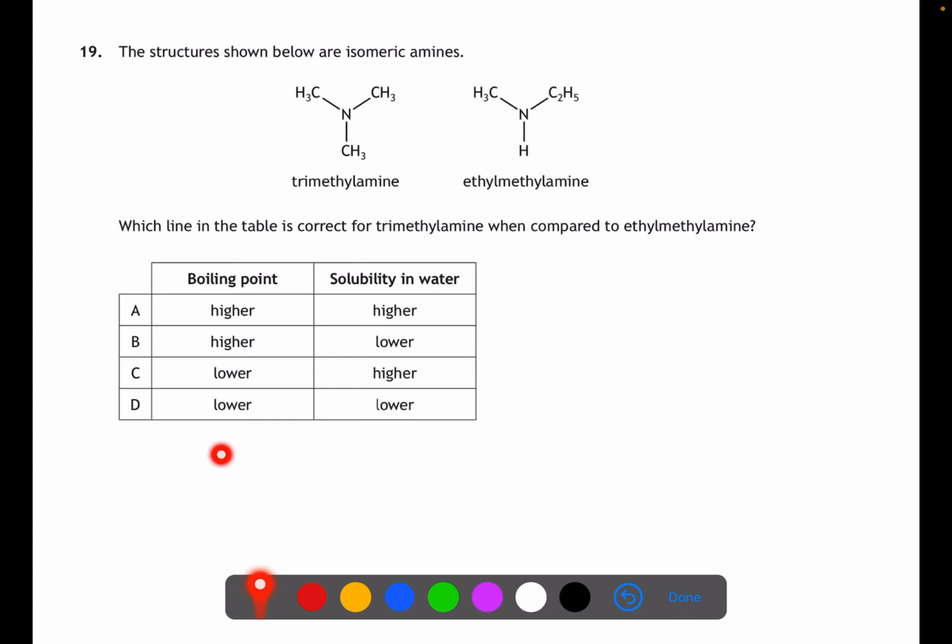If we have a look at the boiling point, for a secondary amine it will be higher, which means that the trimethylamine will have a lower boiling point. So we can ignore A and B. The secondary amine will also be more soluble in water, which means that the tertiary amine is less soluble in water, which means that this answer will be D.